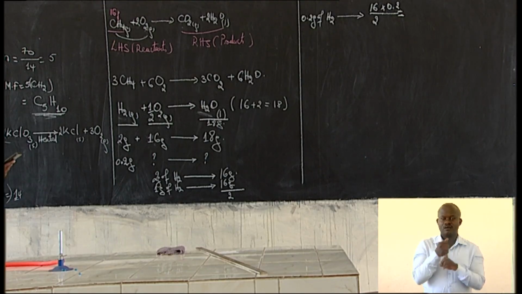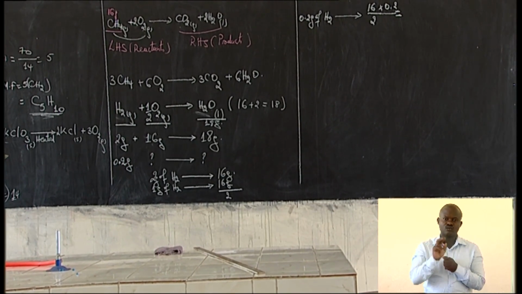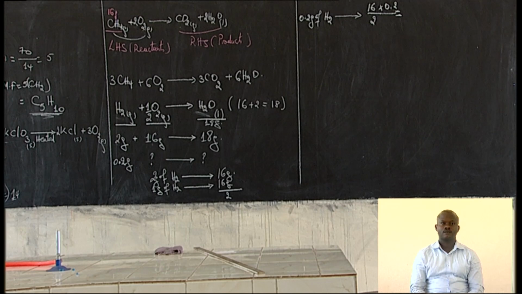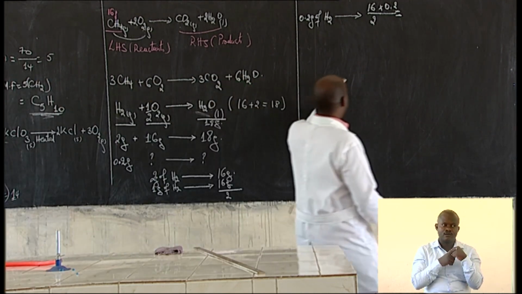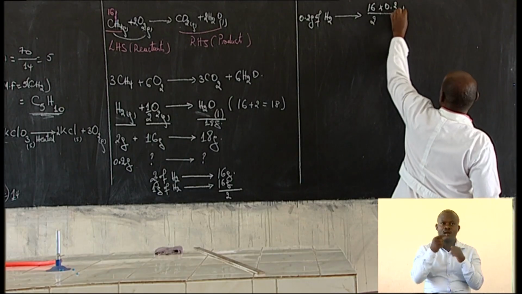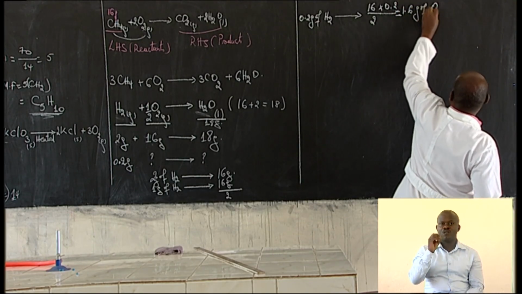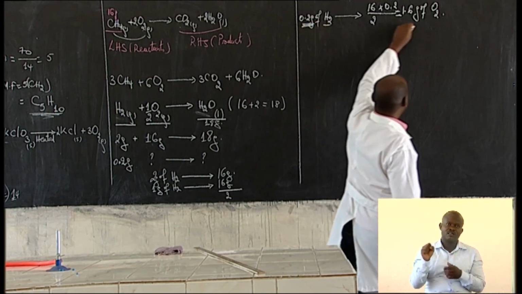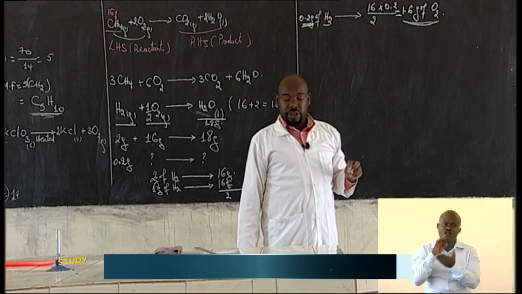We have 16 over 2 times 0.2, and we get 1.6 grams of oxygen. So when we have this mass of hydrogen, we need 1.6 grams of oxygen.